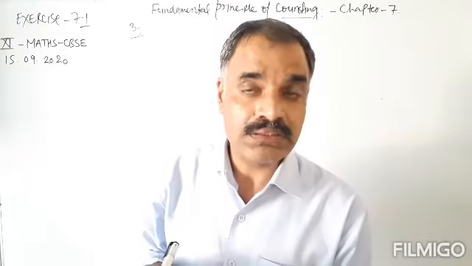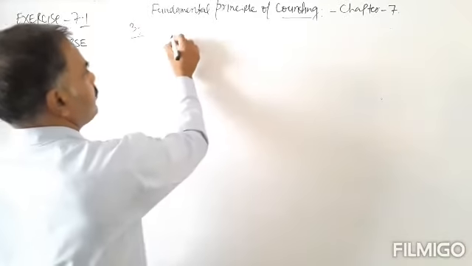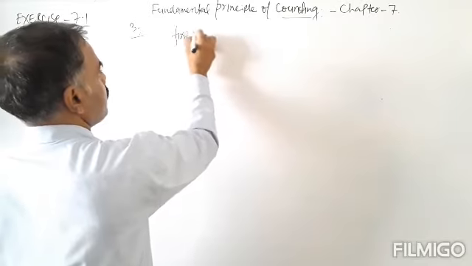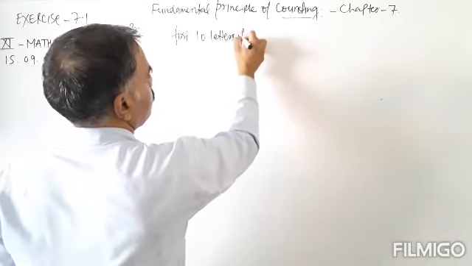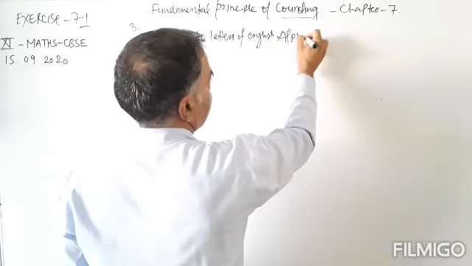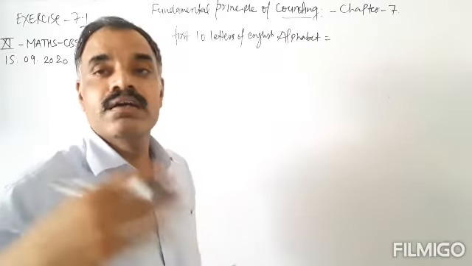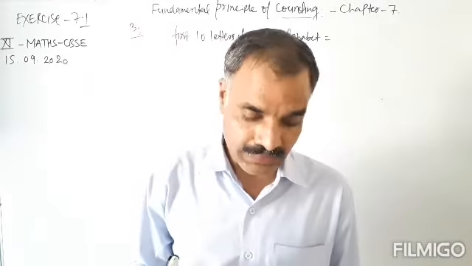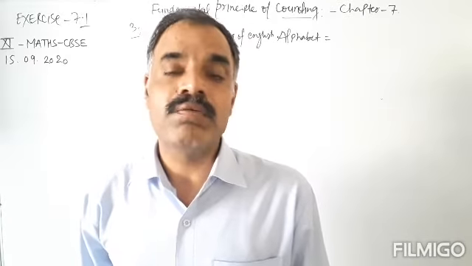We are using the first 10 letters of the English alphabet, that is A, B, C, D, E, F, G, H, I, J, up to J.